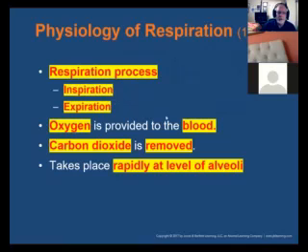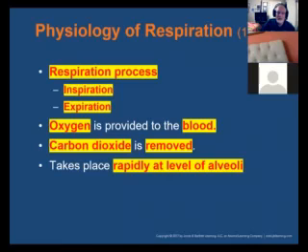Inspiration, expiration, oxygen is provided to the blood, carbon dioxide is removed. You remember what causes all this to take place? Diffusion, right? Because of the difference in partial pressure of gases.